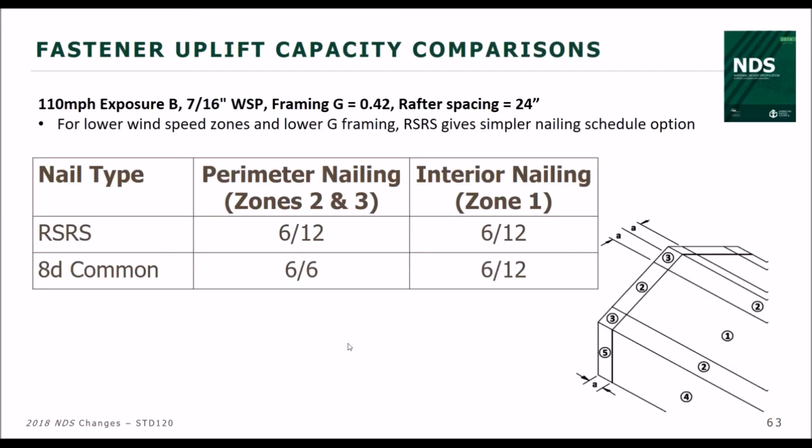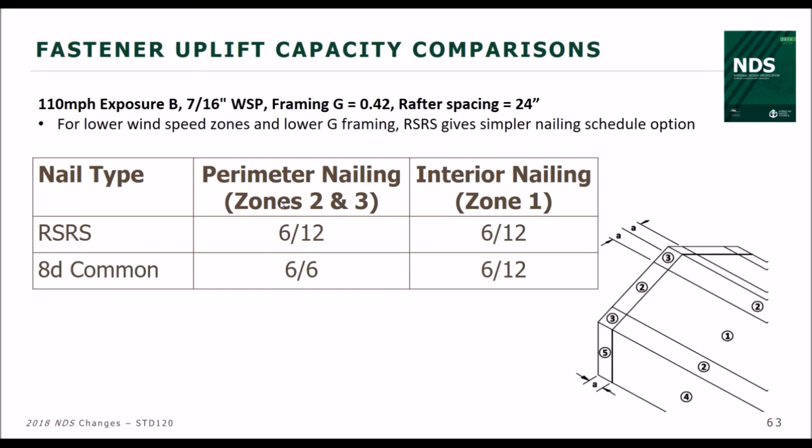Let's take a look at a couple more examples here just to get a sense of where that will help you. What are some practical ways that this might come in handy for you in the design process? So let's look at 110 mile per hour, exposure B. That covers a pretty good chunk of the country, interior US maybe. Let's say we've got 7/16 wood structural panel sheathing, specific gravity 0.42, 24-inch rafter spacing.